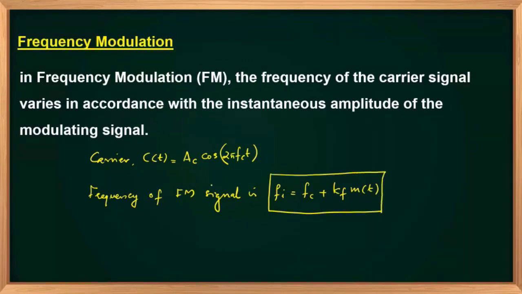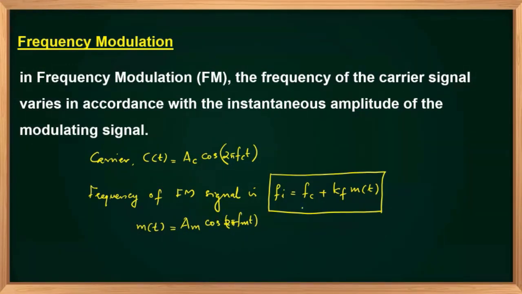And the frequency varies. If we consider the modulating signal as a single frequency signal, let us consider m(t) as Am cos 2 pi fm t.